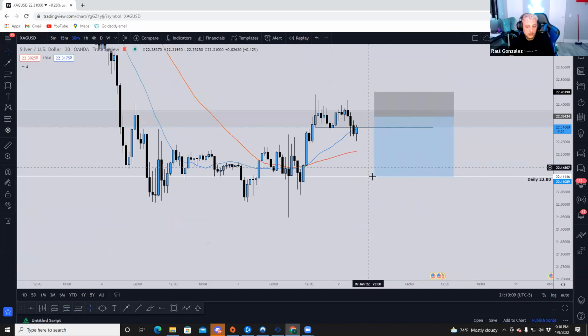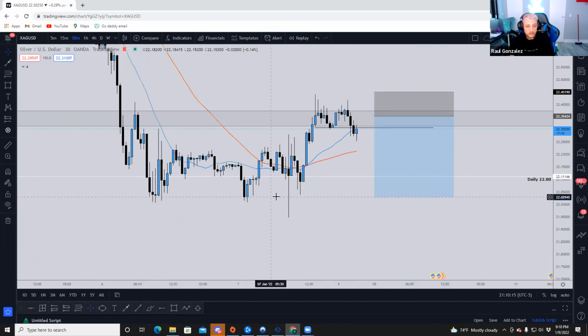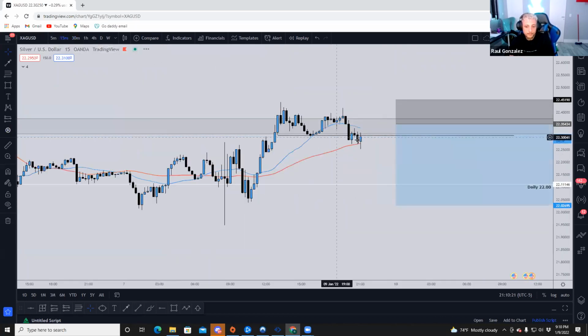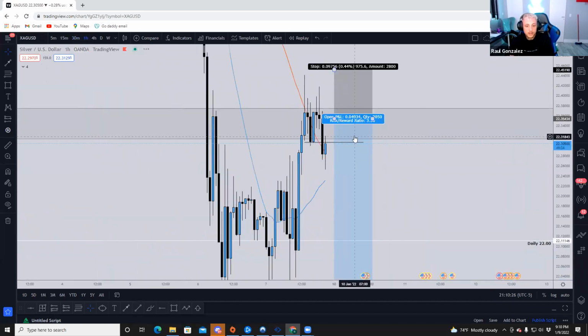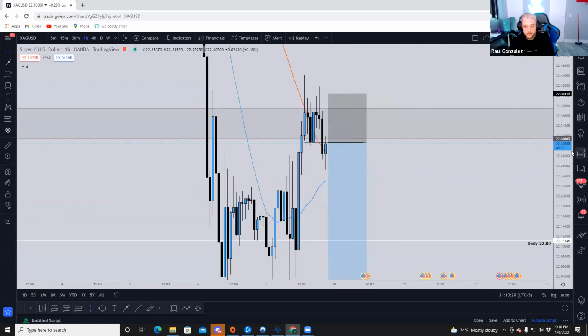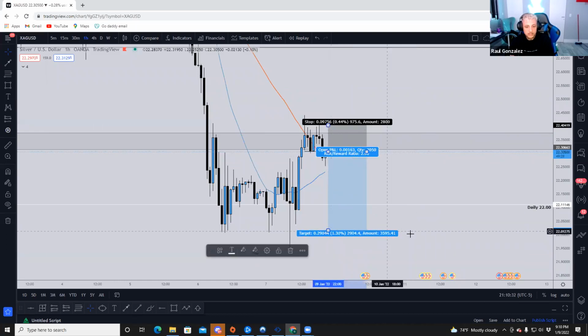Or if I want to be a little more open with my targets, I'll target these 30-minute lows, which you can see price came down to the majority of the time, even though this is an overall zone, increasing my reward ratio. If I'm looking for a break and retest off of this minor level, then I would probably take a trade, pretty much something like this, how it's set up right now.